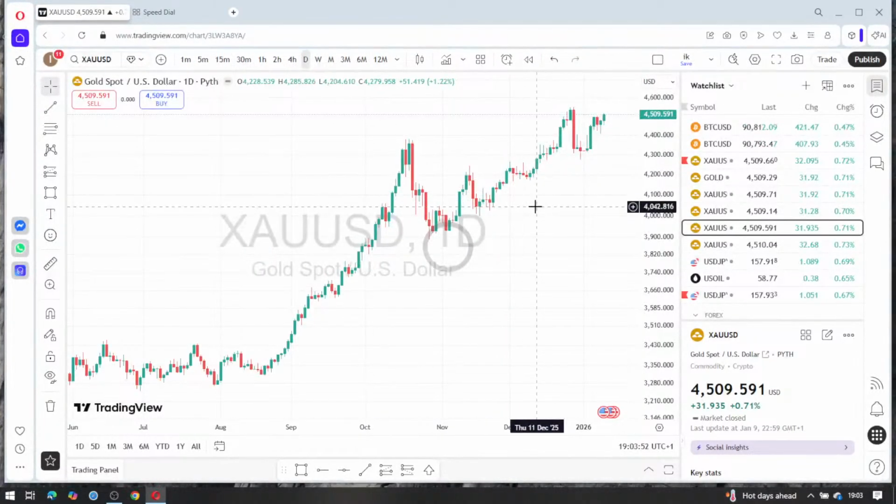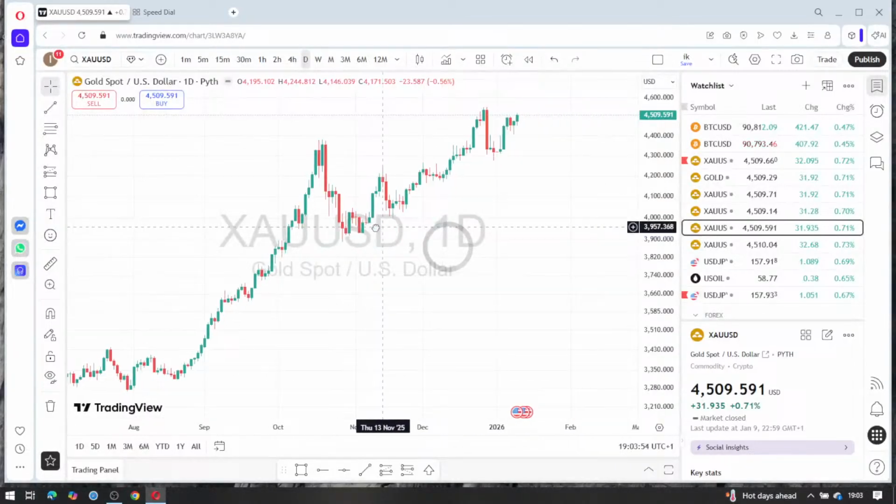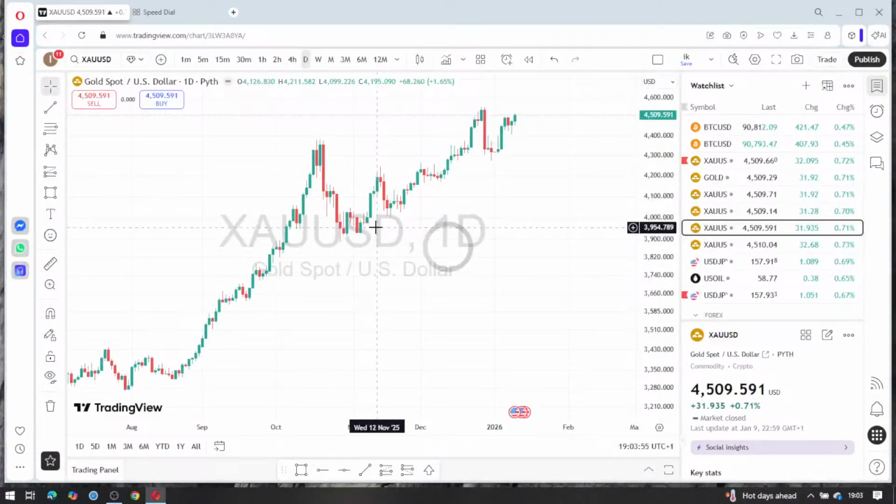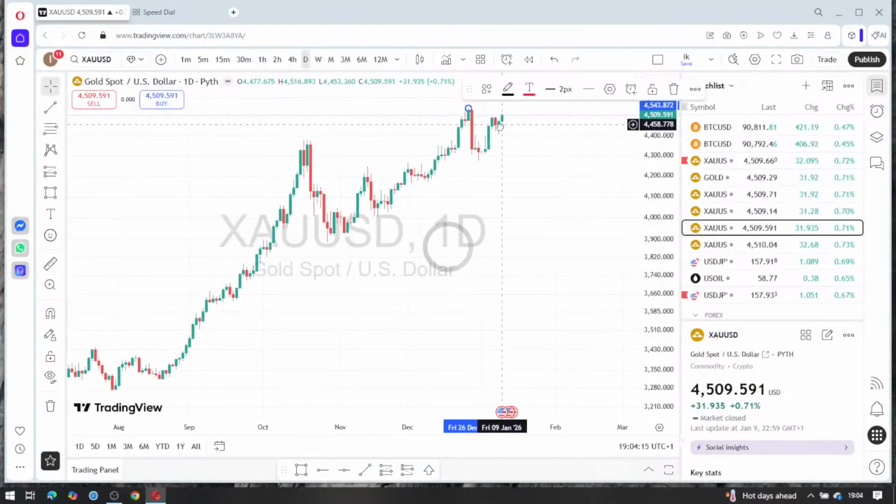Okay. So this is what I have right now. First of all, what I want to do is represent what we had in the market before now. So we had a bearish trend line from the daily time frame.